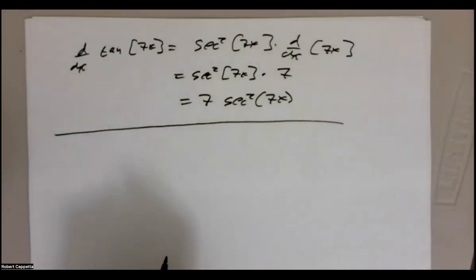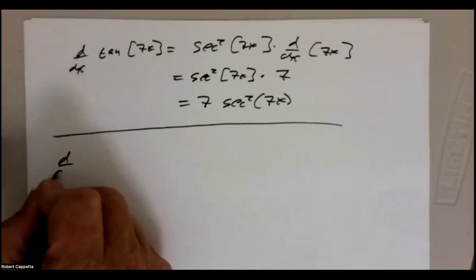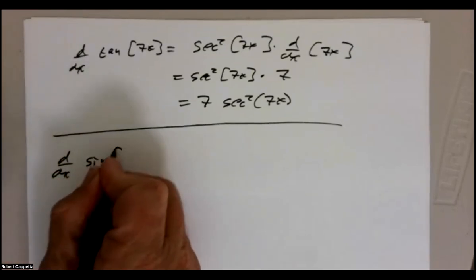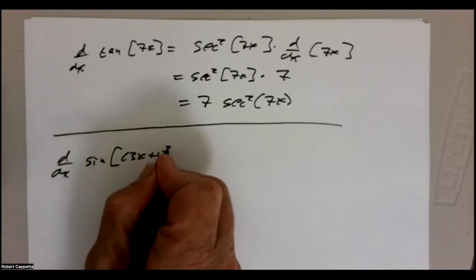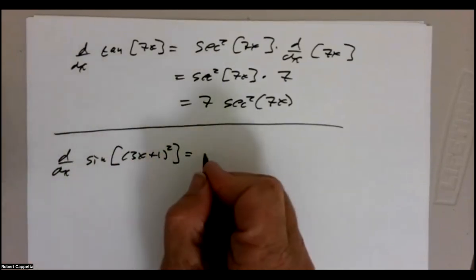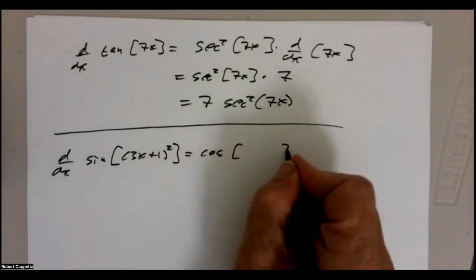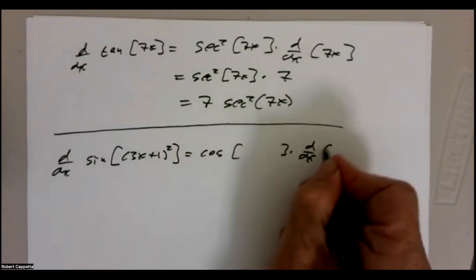We have the derivative of the sine of something. The sine of 3x plus 1 to the 2nd power. The derivative of the sine of something is the cos of something times the derivative of the something.